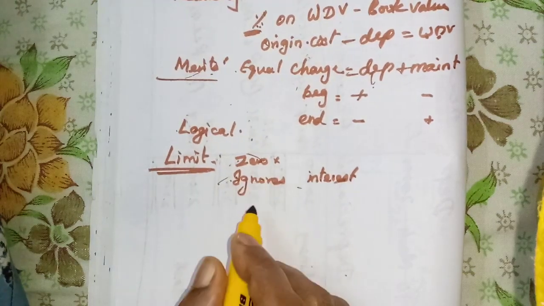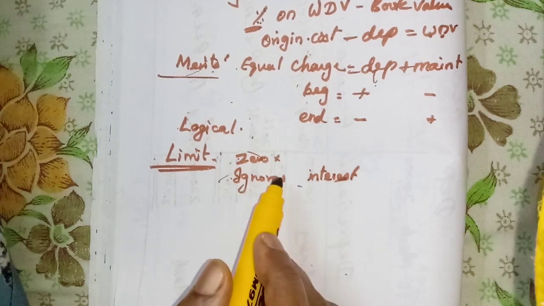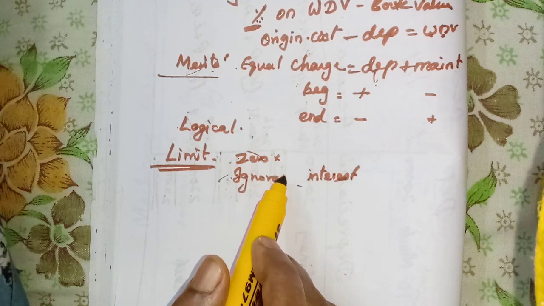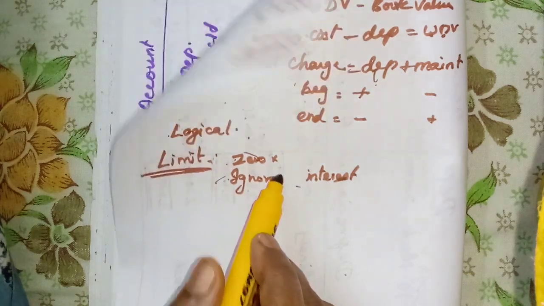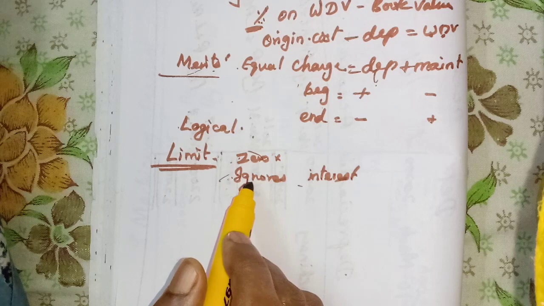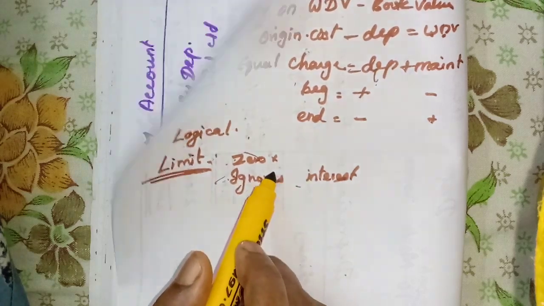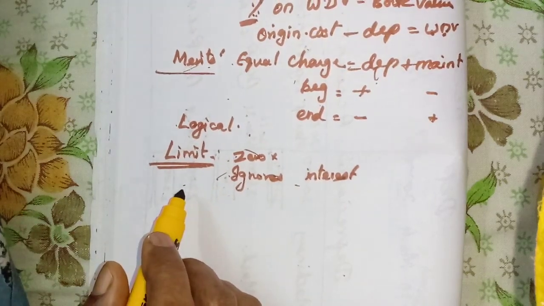Here they ignore the interest factor, because the amount that we have invested in purchasing this asset, if we had invested that money in some other investments, we would have got some interest from that investment, but here we never consider that interest. Okay, that is one of the demerits.